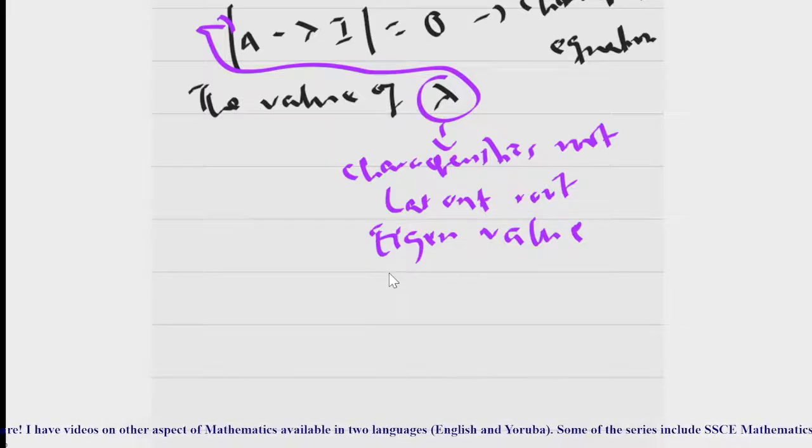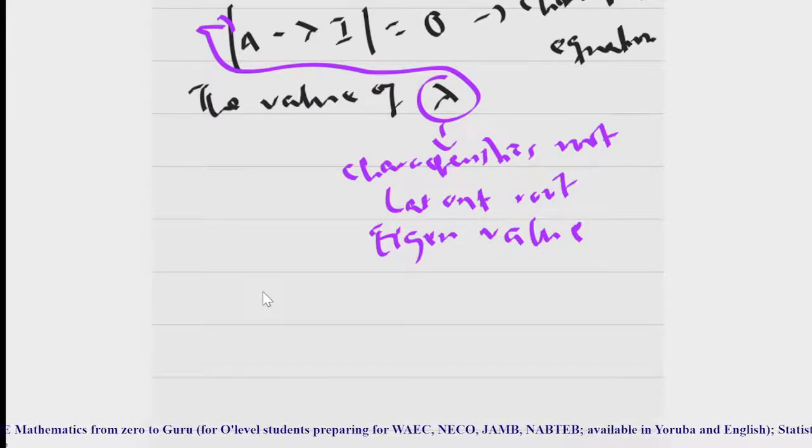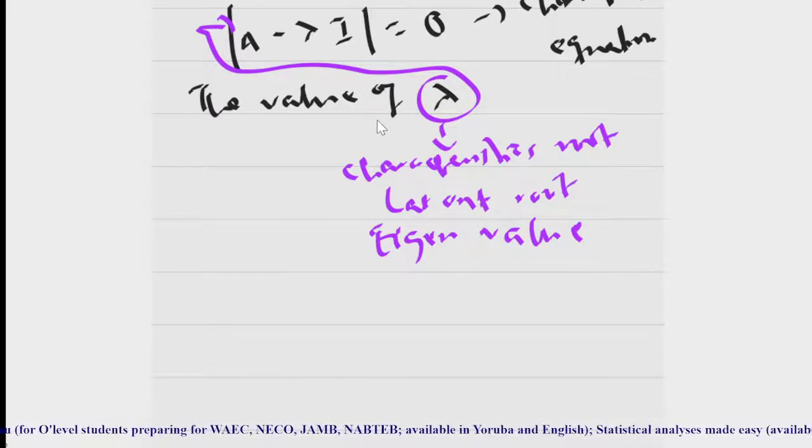You understand now? When you proceed further and find the value of x, the non-trivial value of x, I hope you understand what I mean by non-trivial values of x. When you have non-trivial values of x, that is the corresponding solution from here.